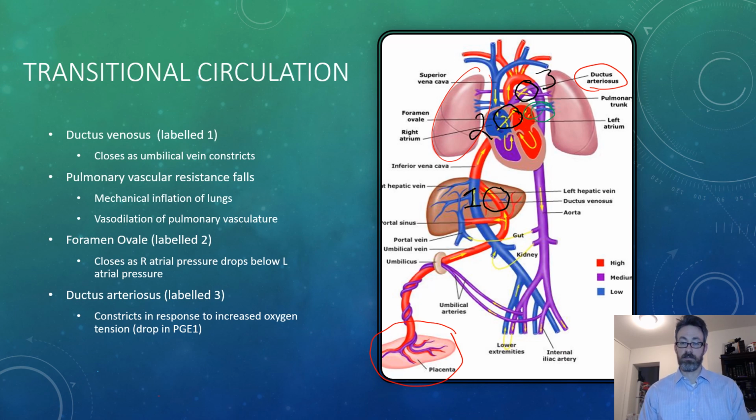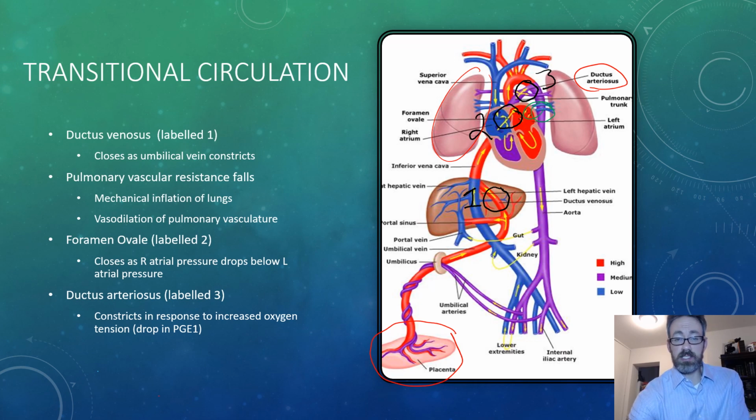We block that shunt. That directs all the blood going from the right atrium into the right ventricle. At the same time, when the baby is born and we've clamped off the umbilical vein, or it has constricted on its own, that reduces the amount of flow going to the right atrium.